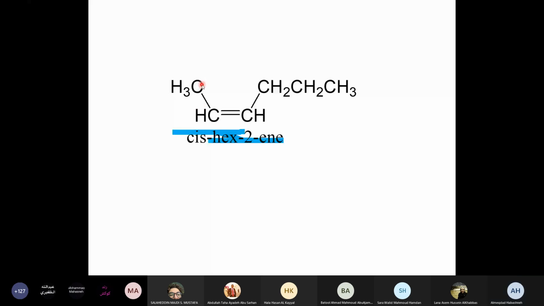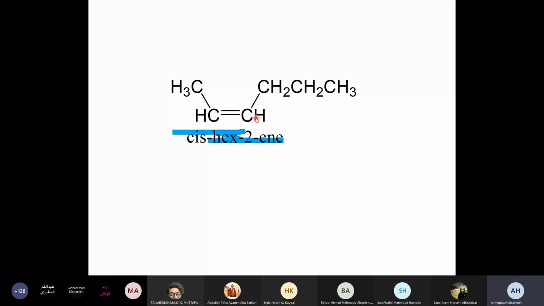This alkene is 1, 2, 3, 4, 5, 6. So it is hexene. The position of the double bond at position 2. So hexa-2-ene, you can say hexa-2-ene or 2-hexene. Either one of them is correct. Okay, guys?